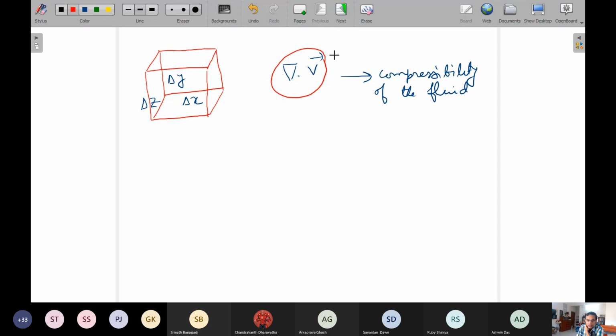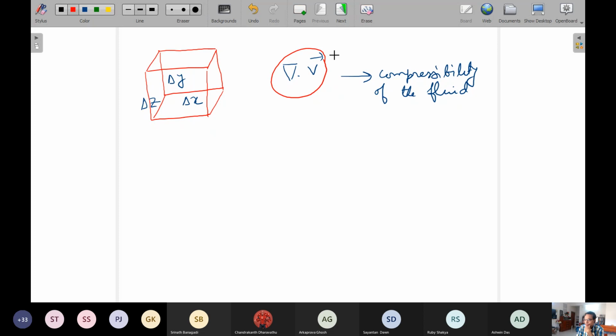So whether the volume is changing or not has to be described by this mathematical expression.